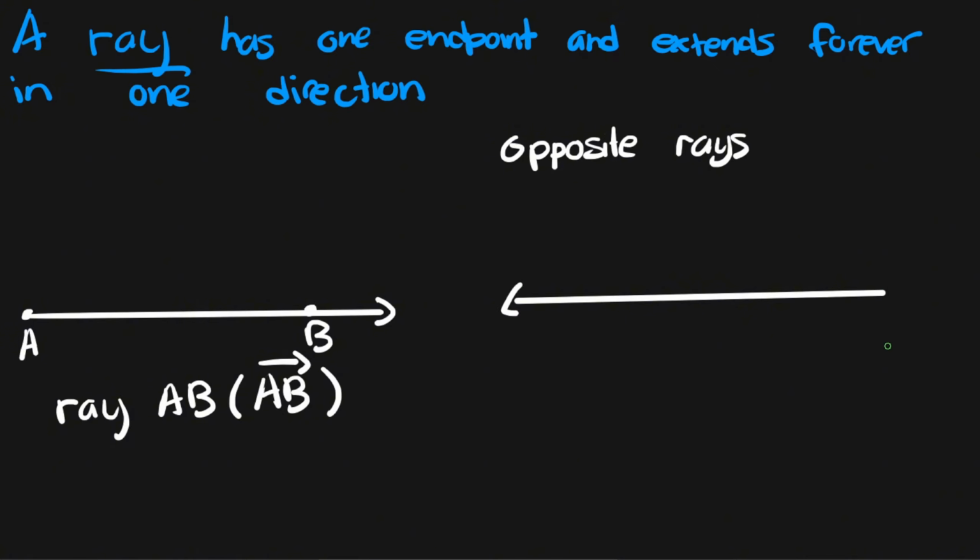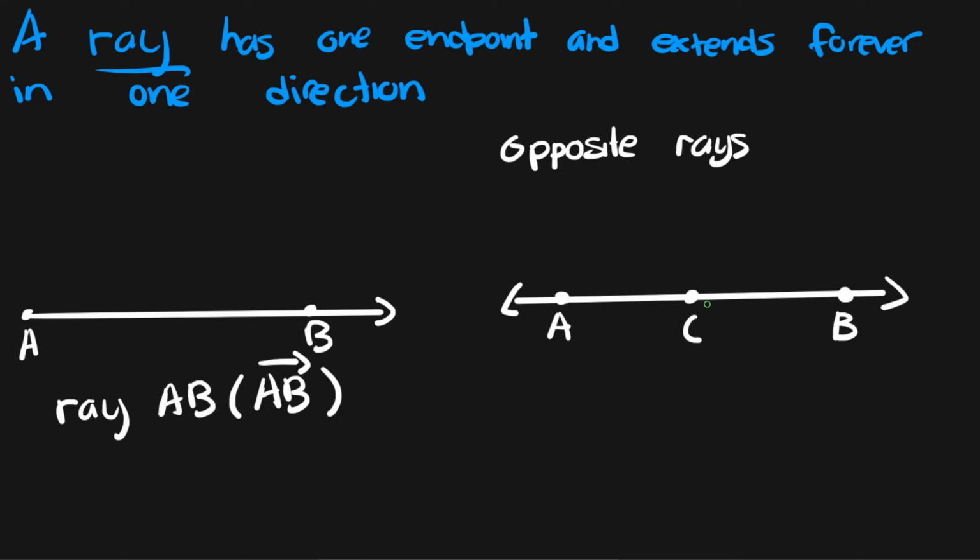Basically, let's say we have one starting point here, like one endpoint, and then we can have another one here and another one here. So if I put A, B, C, well, opposite rays have the same starting point or the same endpoint, and they form a line.